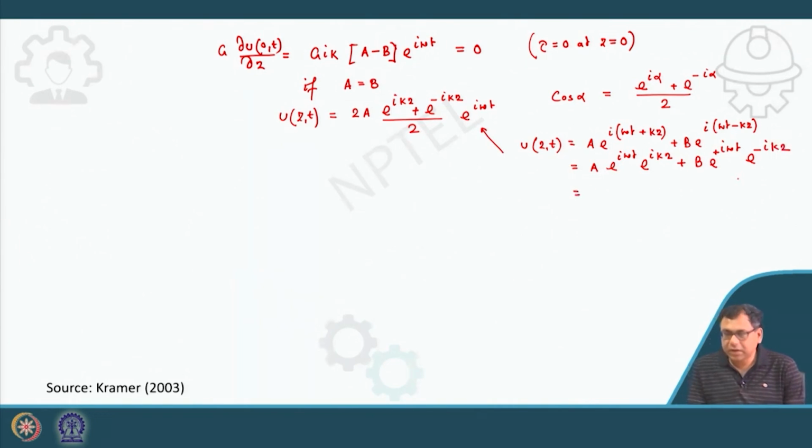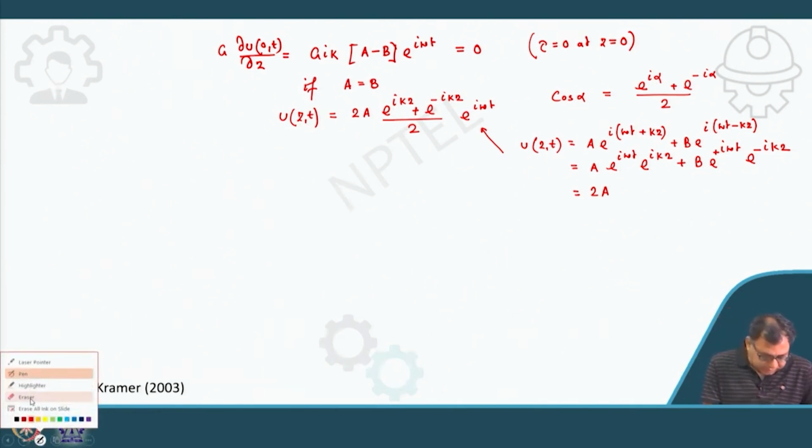Now here A is equal to B, so it will be basically twice A.